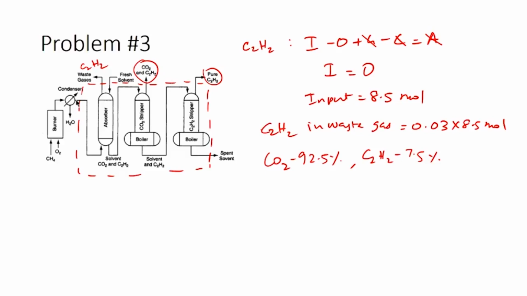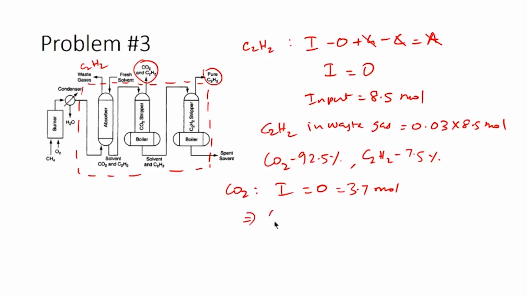So, all the CO2 which is entering would have to be leaving only through this stream. If we were to write a CO2 balance, we would have input equals output and the output would be only through this stream. Based on the information we have about the composition of the gas, the output would be 3.7 moles. So, 3.7 moles accounts for 92.5%.